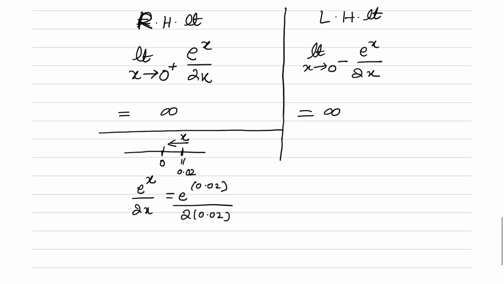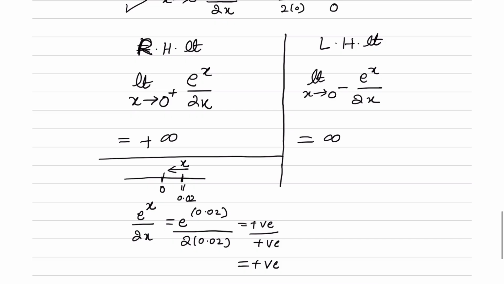We only have to see the sign of this term. So e power 0.02 is some positive number divided by 2 into 0.02, a positive number. Positive by positive is positive. So we will go back up and put here positive sign along with infinity. So we are done with the right hand limit.